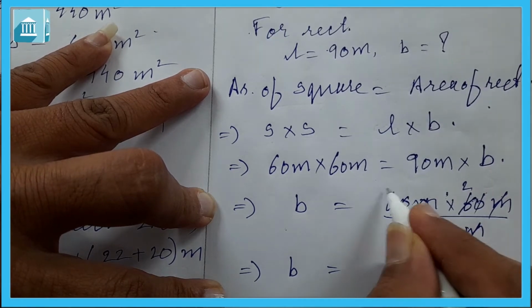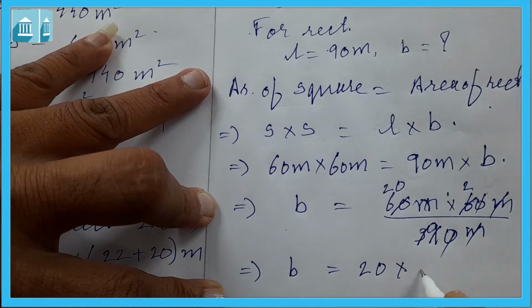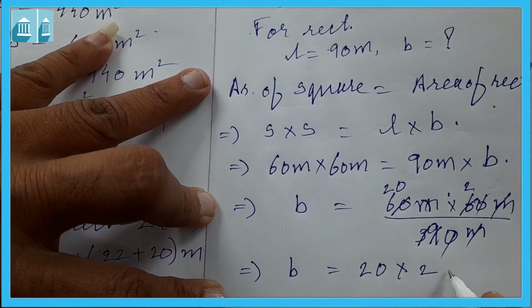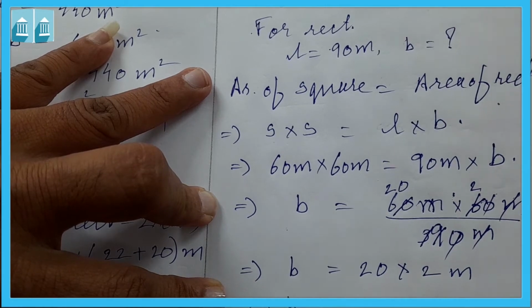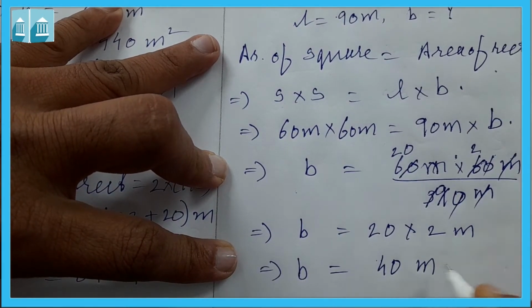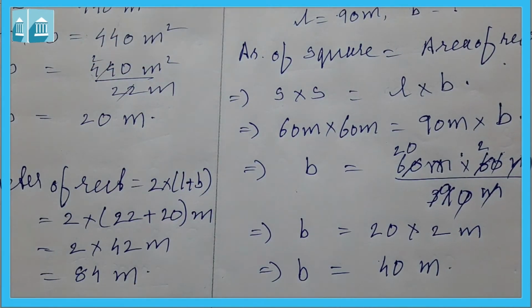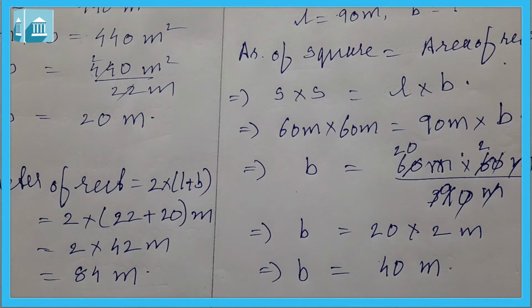This and this will be 20s. So we can say B is equal to 20 into 2 meter, which is equal to 40 meter. So we can say that the breadth of this rectangle will be 40 meter.